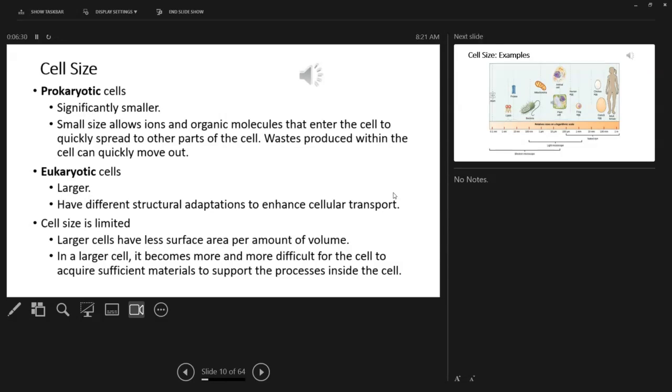And the larger an object like a round cell gets, think of a golf ball, something the size of a golf ball, and then compare that to a basketball. The basketball is much larger.